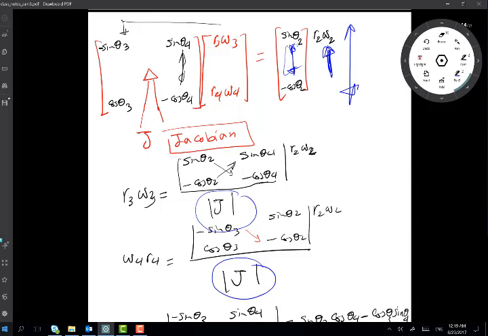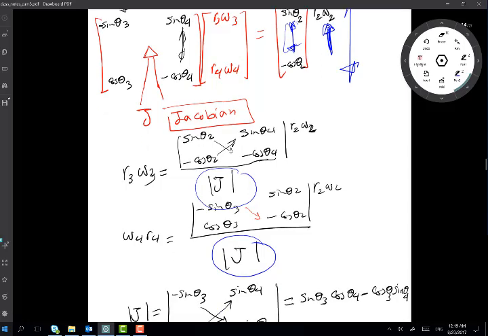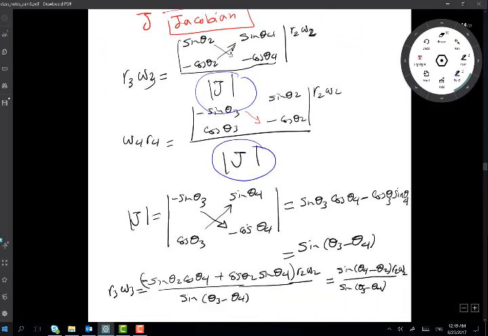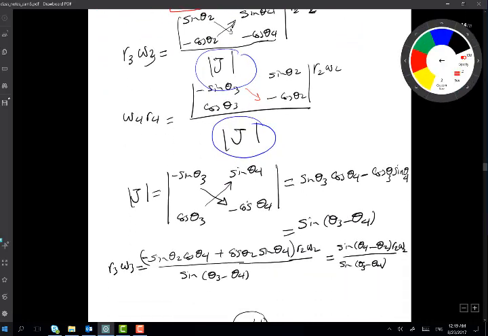You need to understand that the value of the Jacobian determinant is not constant. Here the determinant of the Jacobian is this expression, this value. This is the Jacobian determinant. It's sine(θ3 minus θ4) in this linkage, and these values change, so the Jacobian changes.